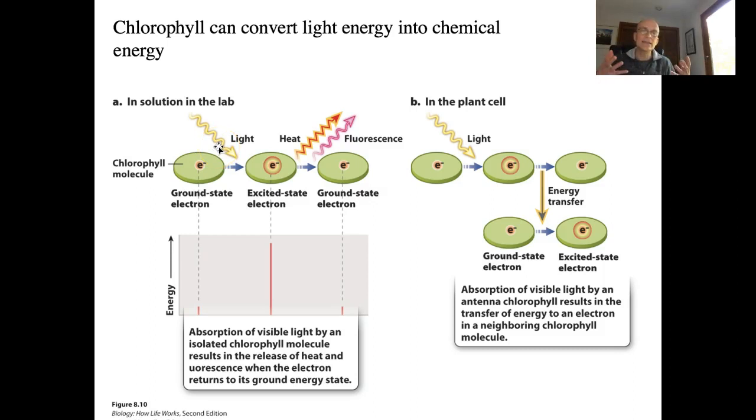You know that light has energy; sunlight is warm, it heats things up. And so this graph shows the amount of energy that's in an electron in this chlorophyll molecule, in these particular bonds that I was showing you.